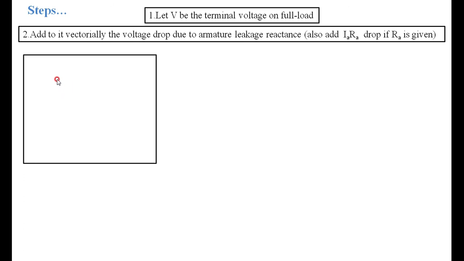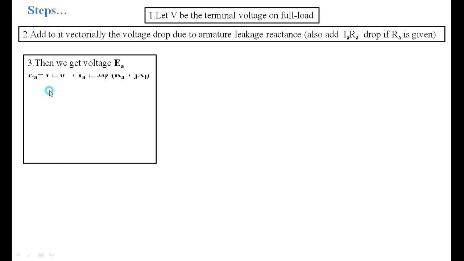Then the first step in the ZPF method is to get EA. EA is the internal voltage corresponding to the terminal voltage plus IRA drop plus IXL drop, but it is the vector sum.